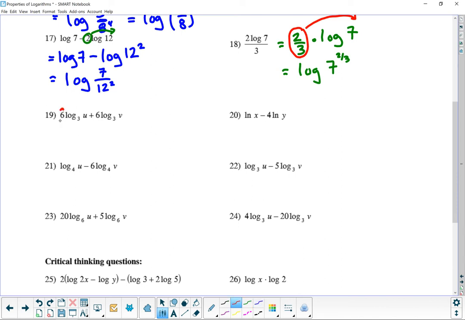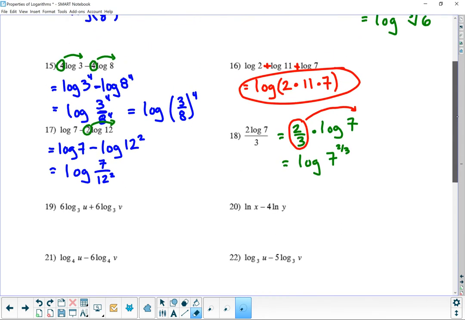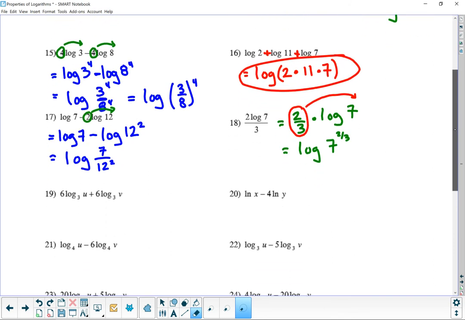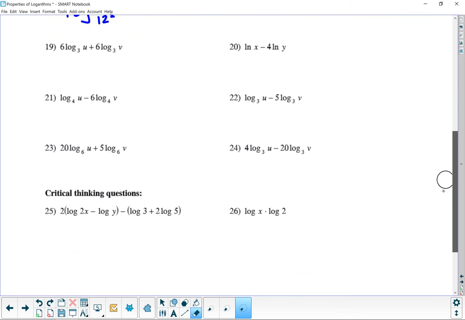We're going to bring the 6 to the back of the u, and bring the 6 to the back of the v. Actually, let's do this a slightly different way. Because they're both 6, just like how we did one of the previous ones, when we had both 4s in the front. I believe that was not on this side, but on the previous side. Right.